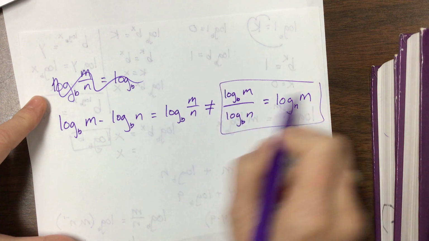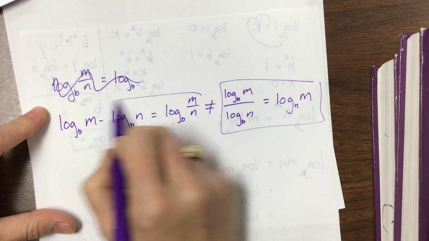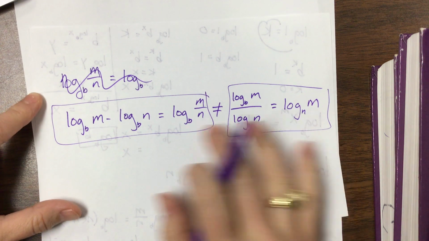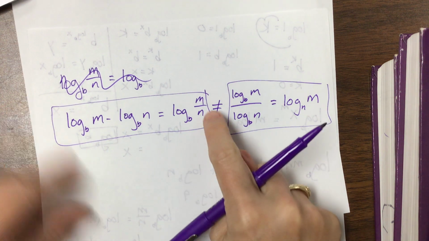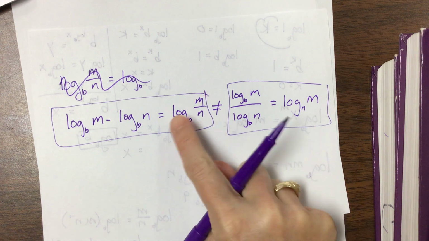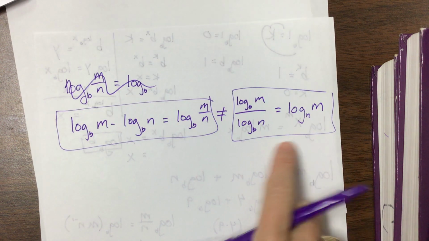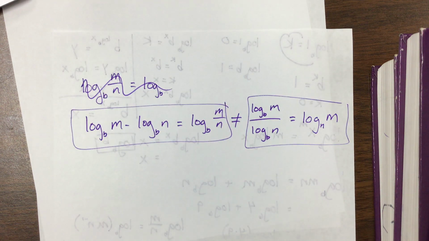This is the change of base, and this is the division. So this is equivalent, and this is equivalent, but don't try and put them together. There's a difference between dividing the numbers first, then taking the log, or taking the log, then dividing your answers. That allows you to use the change of base property.